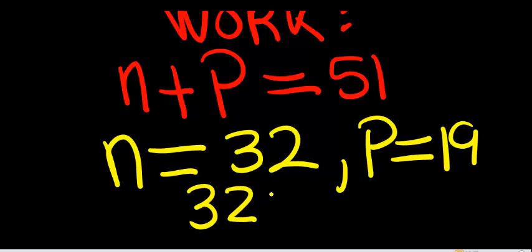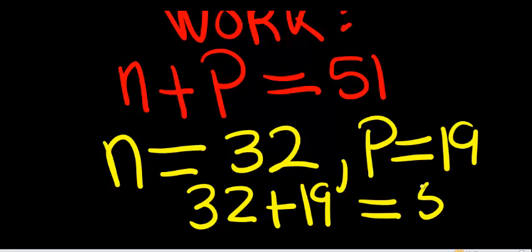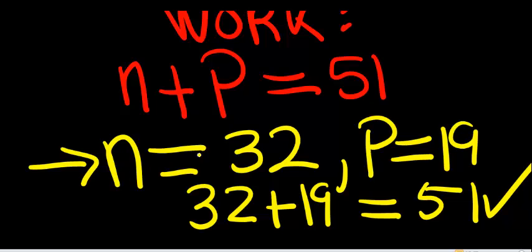Is 32 plus 19, what does that give us? It gives us 51. So our answer checks out. We simply take the known solution for n and the known solution for p, and plug them into the original equation. And it checks out. So anytime you're not sure about anything, go ahead and check your own work.